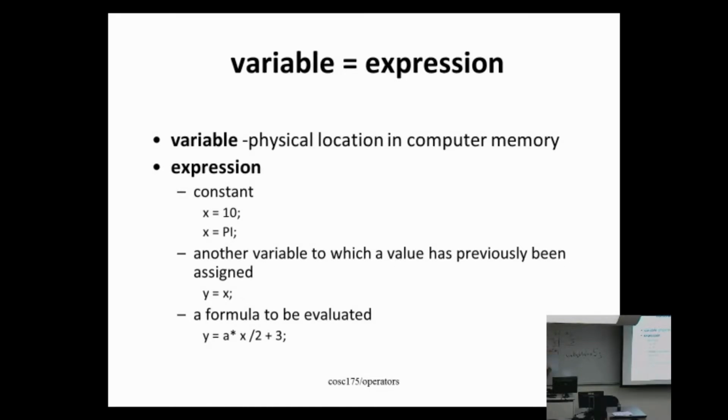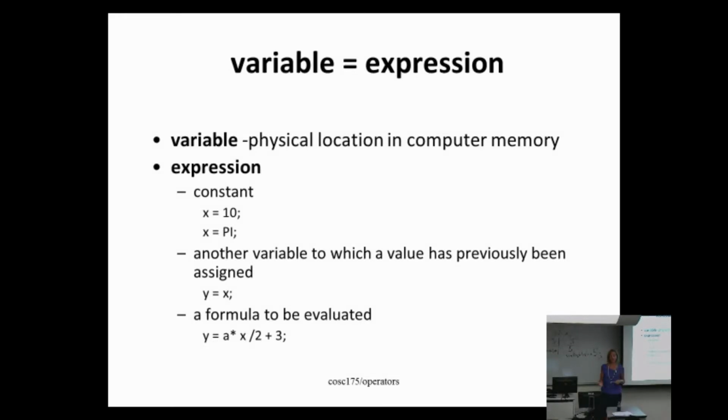And what happens when I assign 5 to that variable? The value 5 gets stored at the memory location called num people late. Okay? Now, it doesn't just have to be one single variable. What can actually go on the right-hand side? Some type of expression.